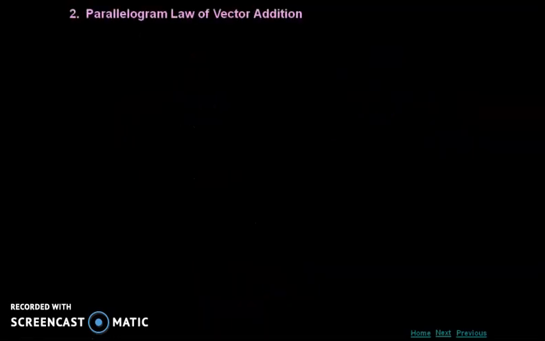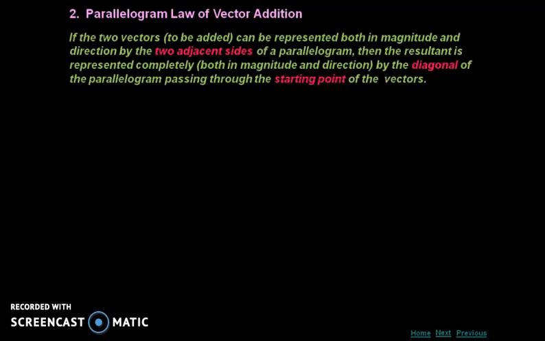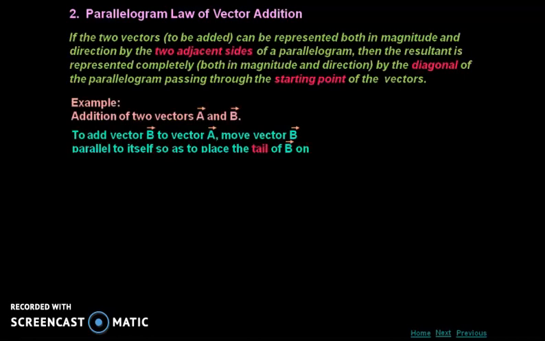Now our next method for joining two vectors is the parallelogram law of vector addition. In this law, what we will see is that the two vectors will be represented as the two sides of a parallelogram, and these sides will be adjacent sides.